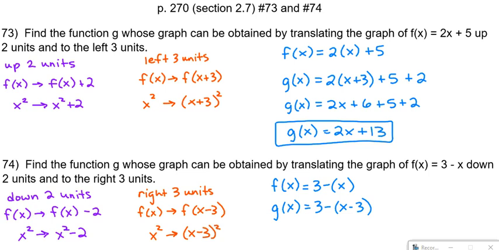And then for the down shift, we subtract 2. And then we're just going to simplify that. So let's distribute the negative. And then combine the like terms. And we have the opposite of x plus 4 for g of x.